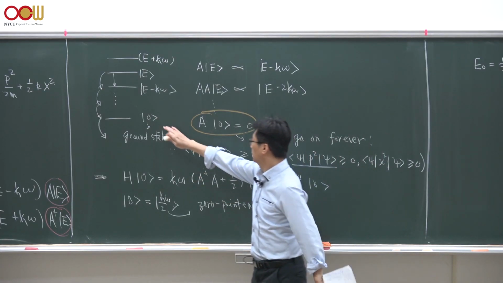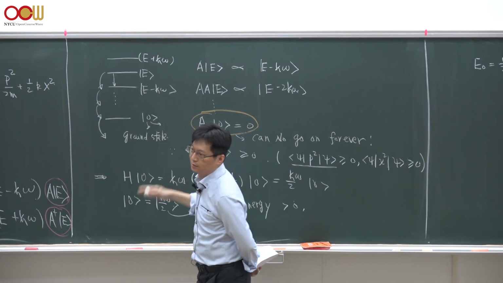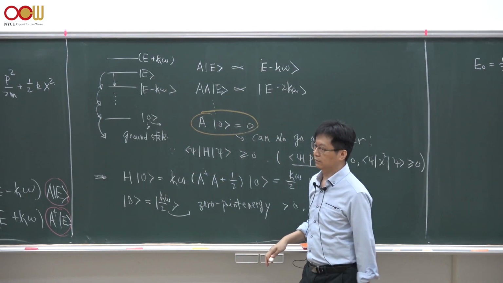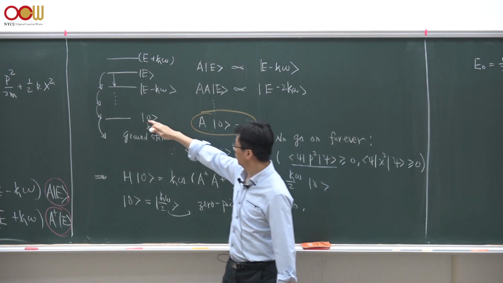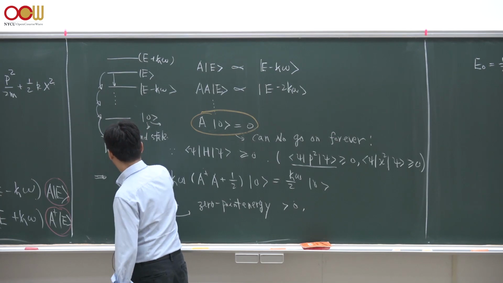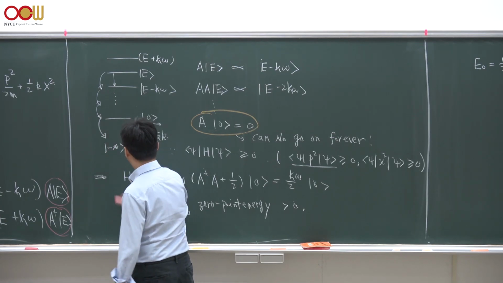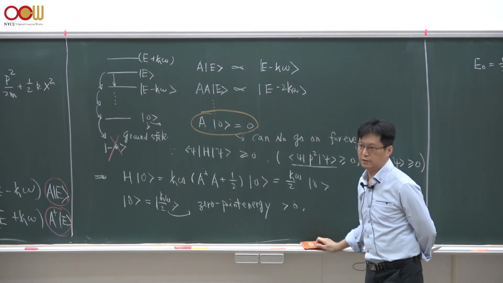So the ground state energy E0 is the lowest positive energy eigenvalue that you could find. If you go one floor down, the eigenenergy would be negative, and this negative eigenvalue state does not exist.